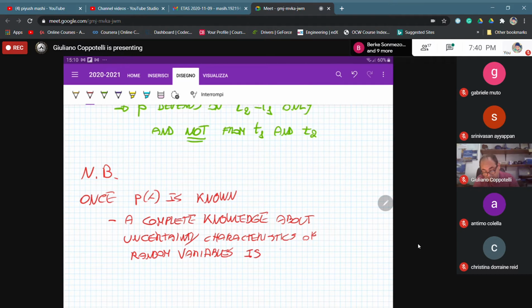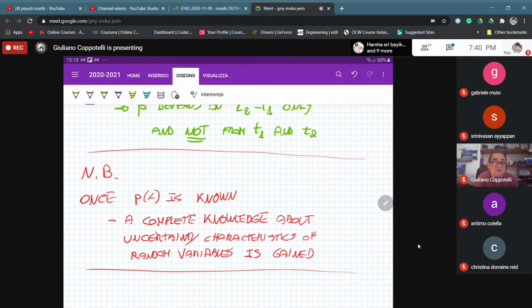Is gained. Okay, so from the statistical point of view, your PDF is very, very important, because it's telling you what the underlying pattern is, what the core is of whatever phenomenon you are testing, measuring, and recording, for example, in many, many outputs.